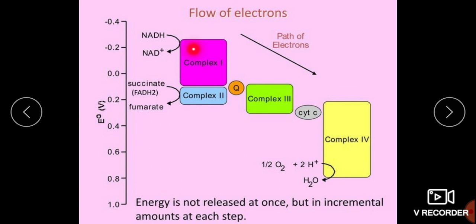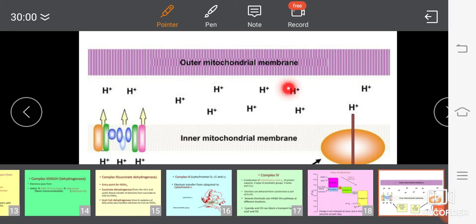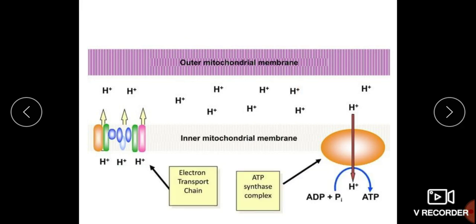Complex 1 bifurcates with complex 2, complex 3, complex 4. This is the outer mitochondrial membrane. This is the inner mitochondrial membrane. There is a saturation of hydrogen in this intermembrane space, a space between two membranes.